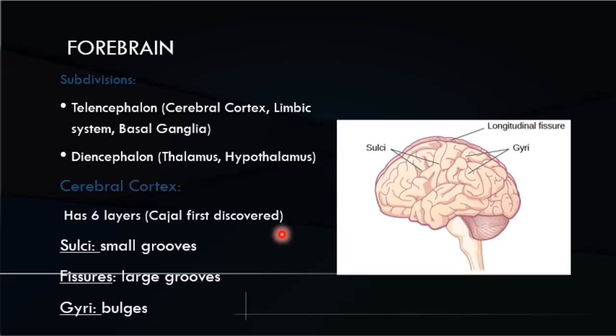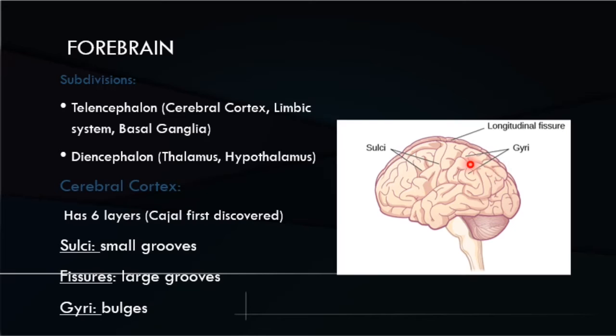So the cerebral cortex, as you know, this is what it looks like. It's convoluted, so it allows for more surface in a smaller area. Sulci are the small grooves, like these little grooves are called sulci. Fissures are the large grooves, like this one in the middle, and there's one here, and there's one here.